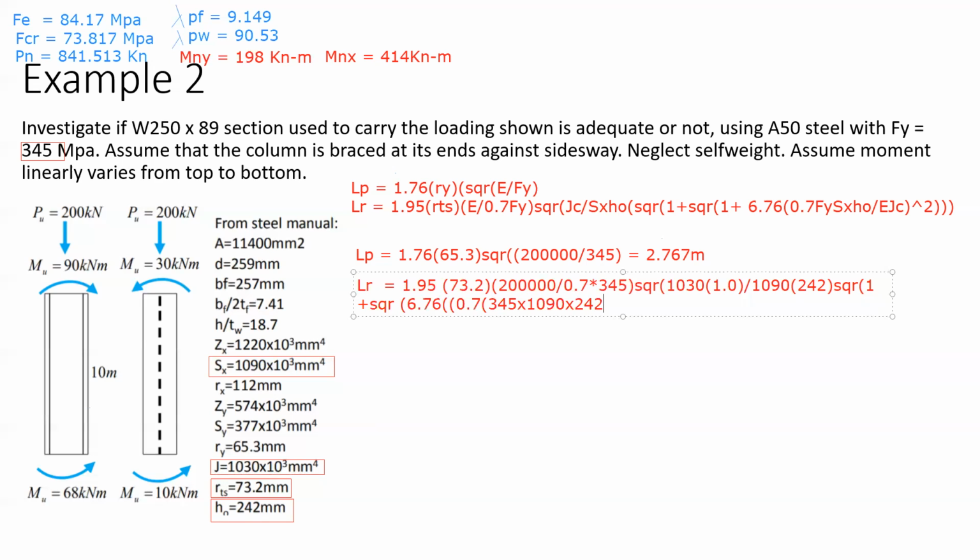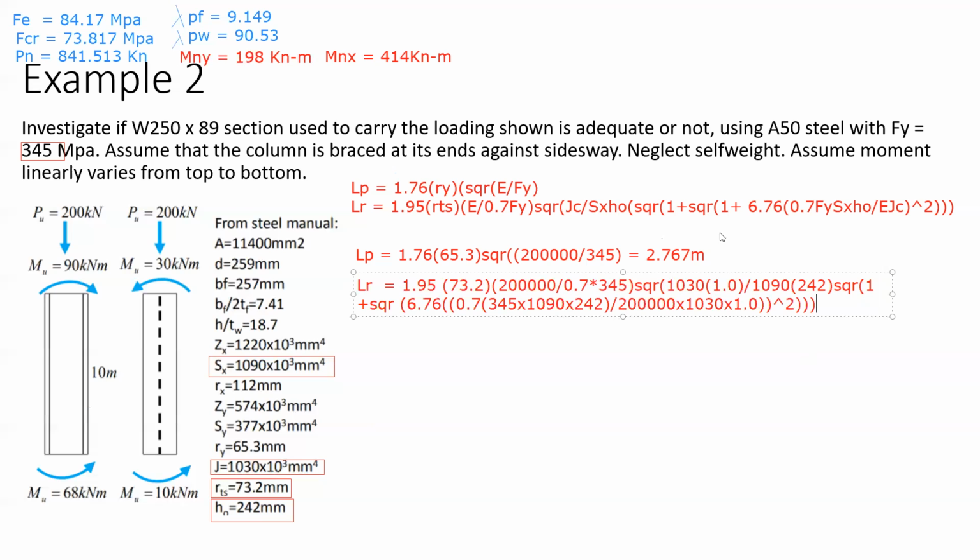Ayan. Over E, 200,000, times 1030, that is your J, and times C, 1.0, and this whole U square. Ayan.